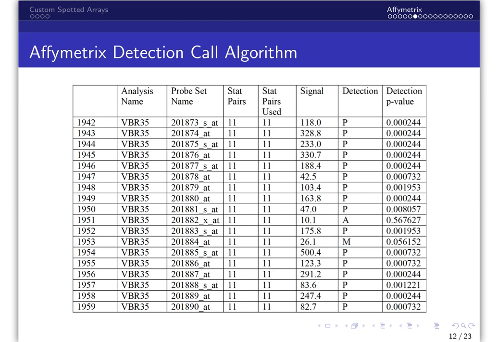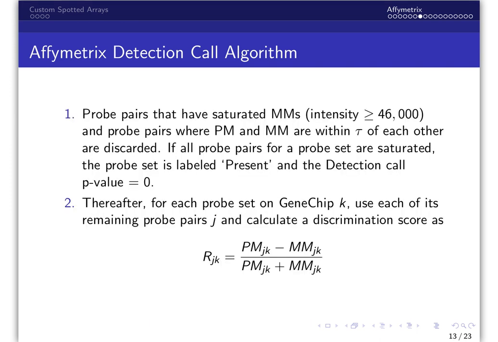An example of the metrics tab data produced by the MAS software appears in this table. These detection calls, P equals present, M equals marginally present, and A equals absent, produced by the MAS software are based on a hypothesis test using the PM and MM intensities for the probe set.